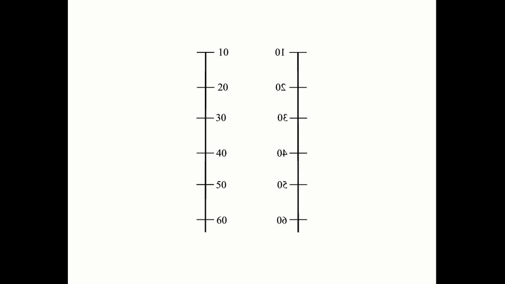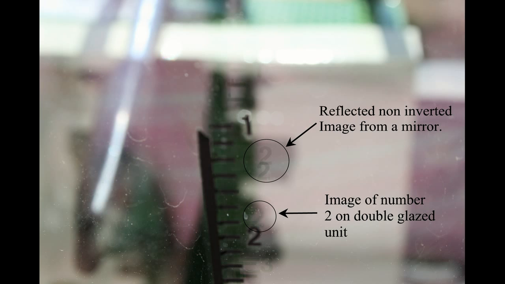Note, back to front, not inverted. It's impossible to invert an image by straight reflection. Now, if you reflect that image back onto the window, the image that is reproduced on the window is therefore the correct way round, because it is inverted again.